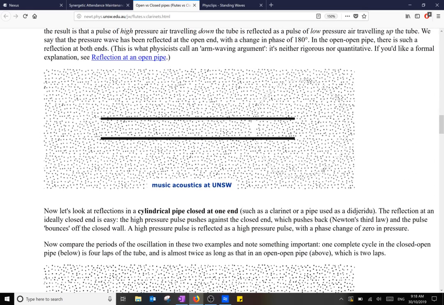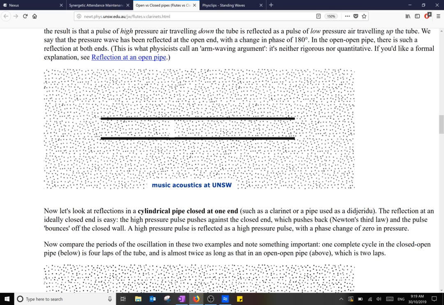Okay, here we go. This is an open-ended tube, open at both ends. Please watch the animation. Compression gets reflected as rarefaction. Then rarefaction gets reflected as compression. All right, so every time it reflects off the end of the tube, it returns back into the tube shifted by half a wavelength. Okay? And obviously that's just one pulse.